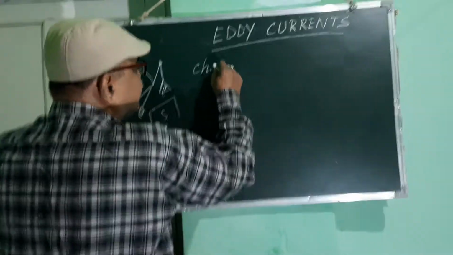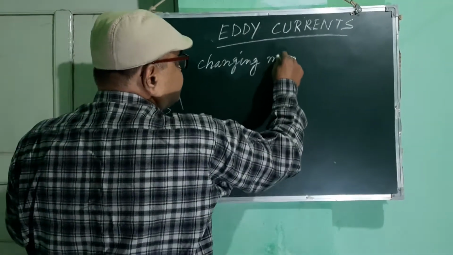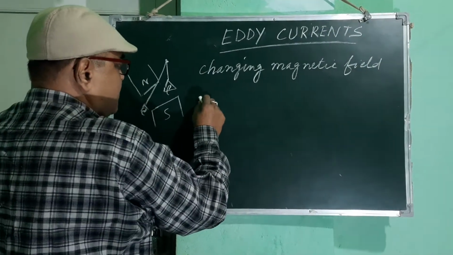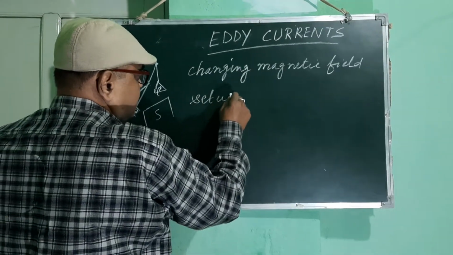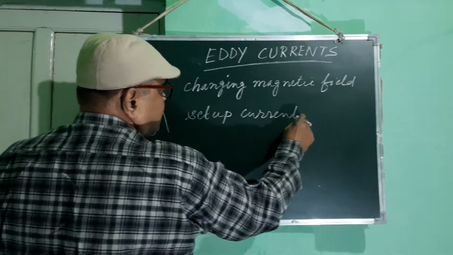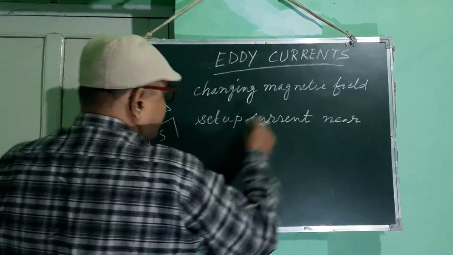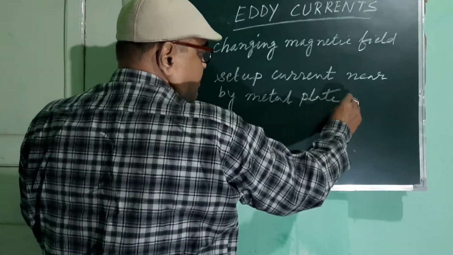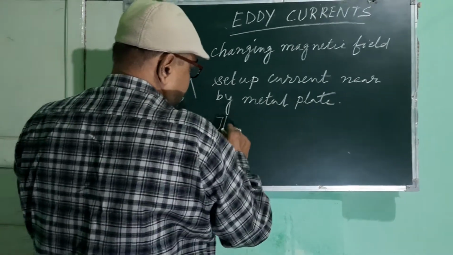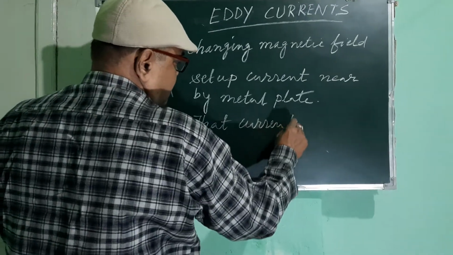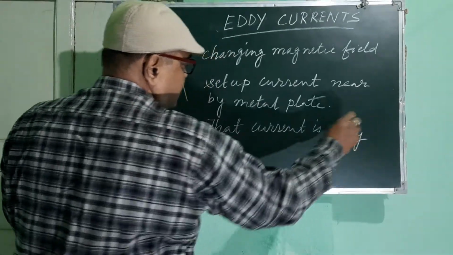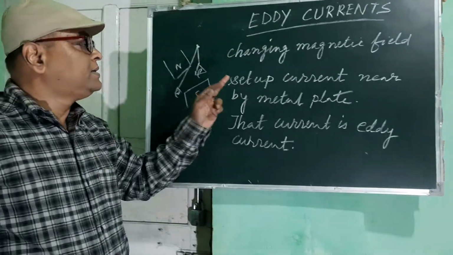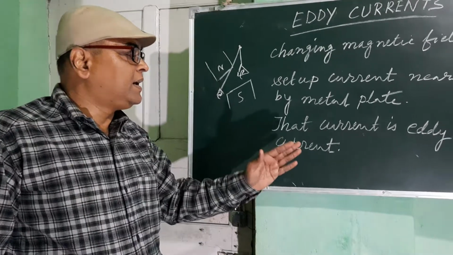So a changing magnetic field sets up current in a nearby metal plate. That current is eddy current.